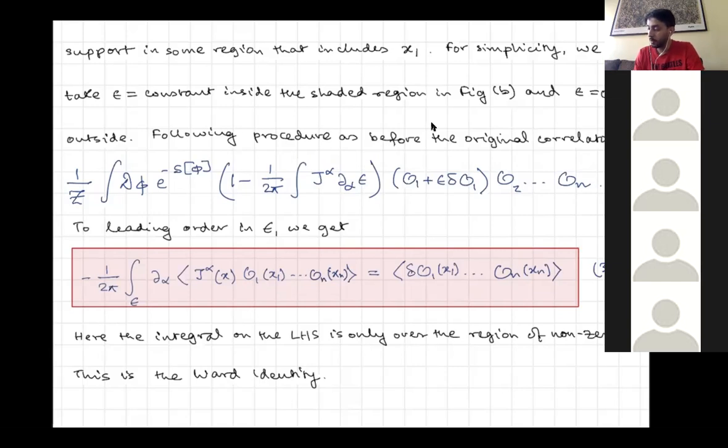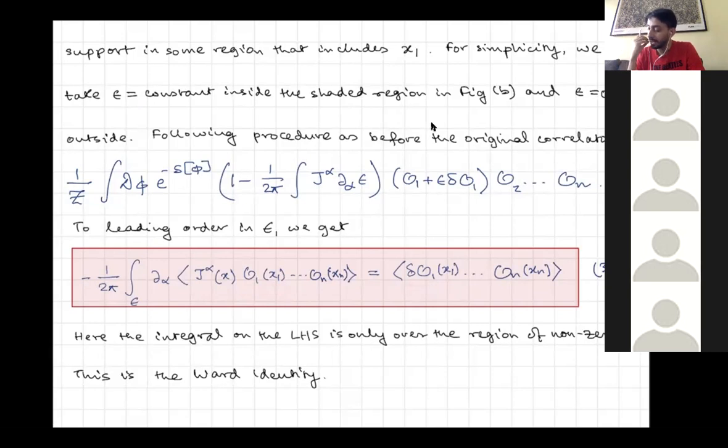In this particular thing, x was close to some operator O1 at x1, so that accounted for the change of O1 under this particular symmetry.